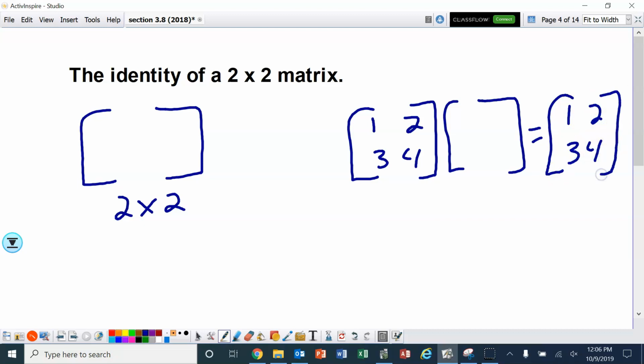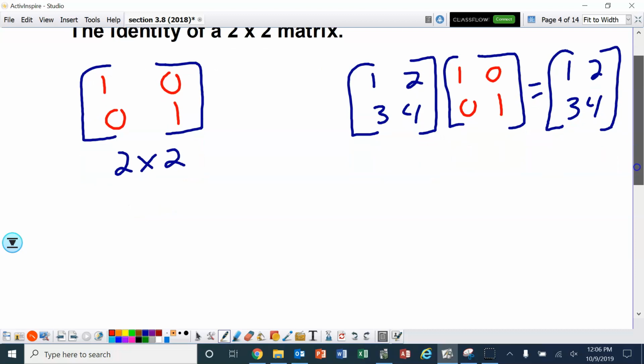It's going to give me the same matrix back. Well, that would be 1, 0, 0, 1. That is the identity for a 2 by 2 matrix.